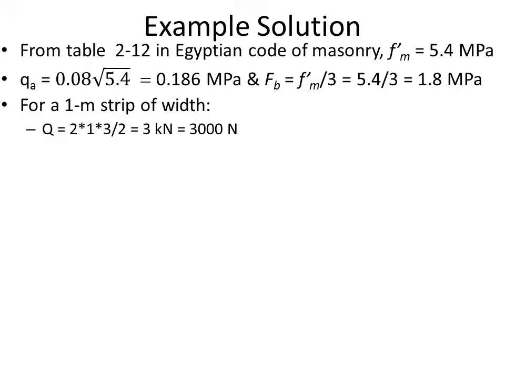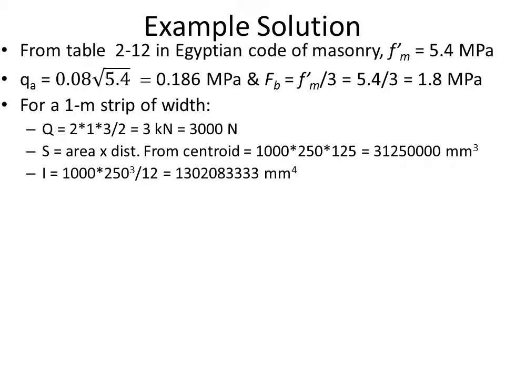So the Q is actually the reaction, which is 3 kilonewton, 3000 newtons. S, which is the first moment of area, is the area times the distance from the centroid. So it's 1000 times 250 times 125. So this is 3125 and 4 zeros millimeter cubed.